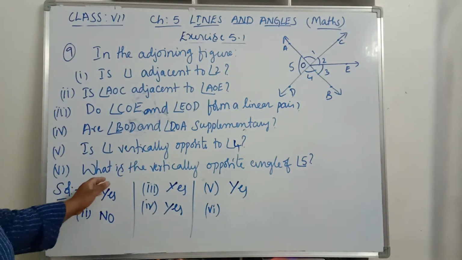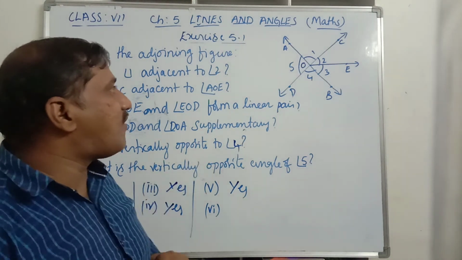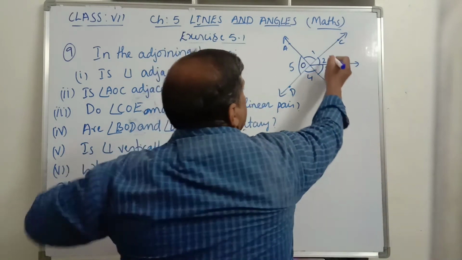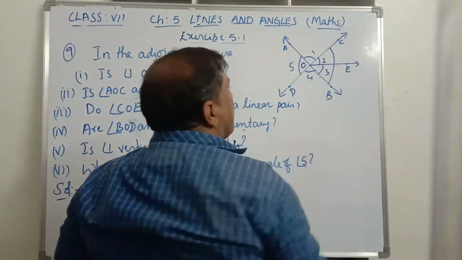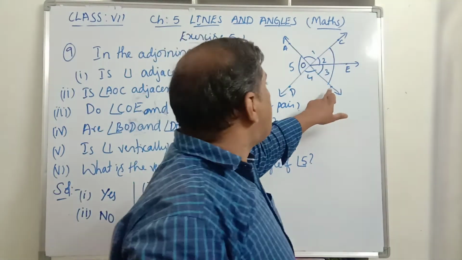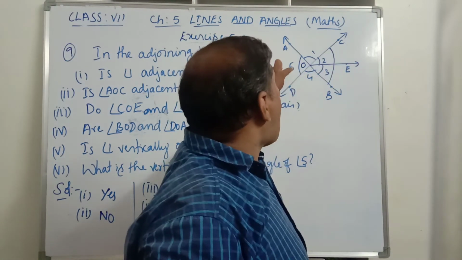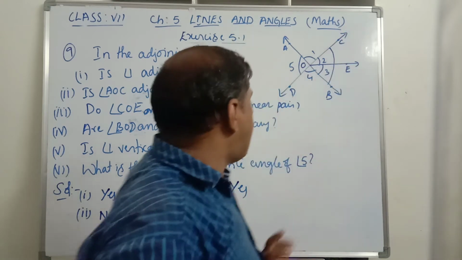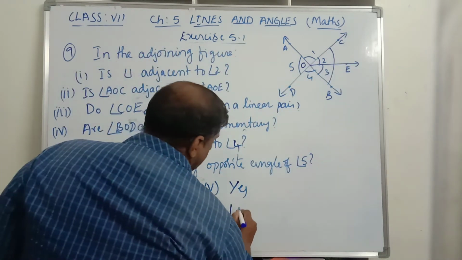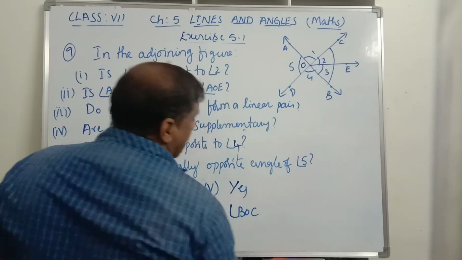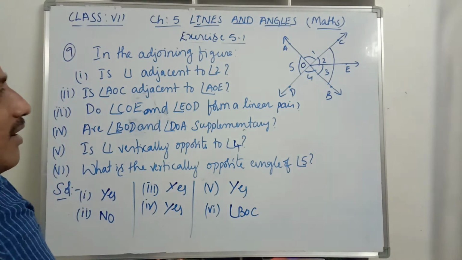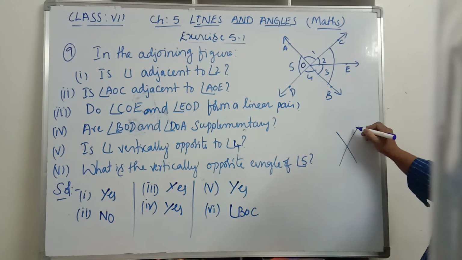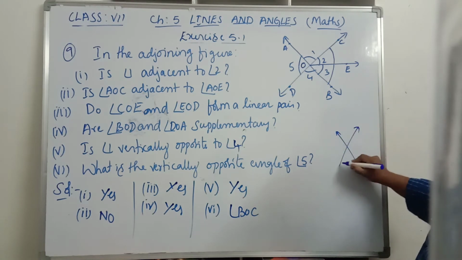Next, what is the vertically opposite angle of angle 5? For angle 5, the vertically opposite angle is the total angle, angle 2 plus angle 3, which is nothing but angle BOC. Angle 5 means angle AOD, and angle AOD and angle BOC are vertically opposite angles. See, we can draw a rough diagram: two lines AB and CD.